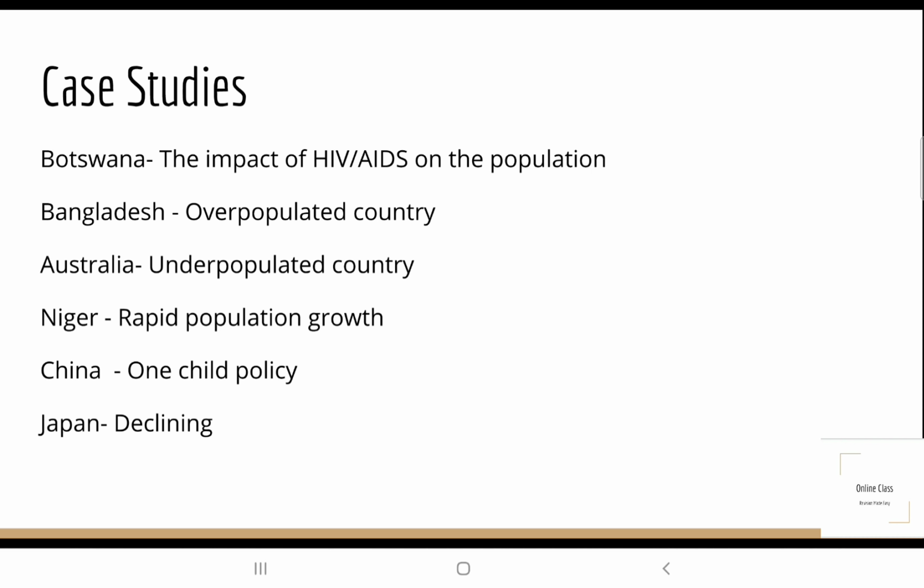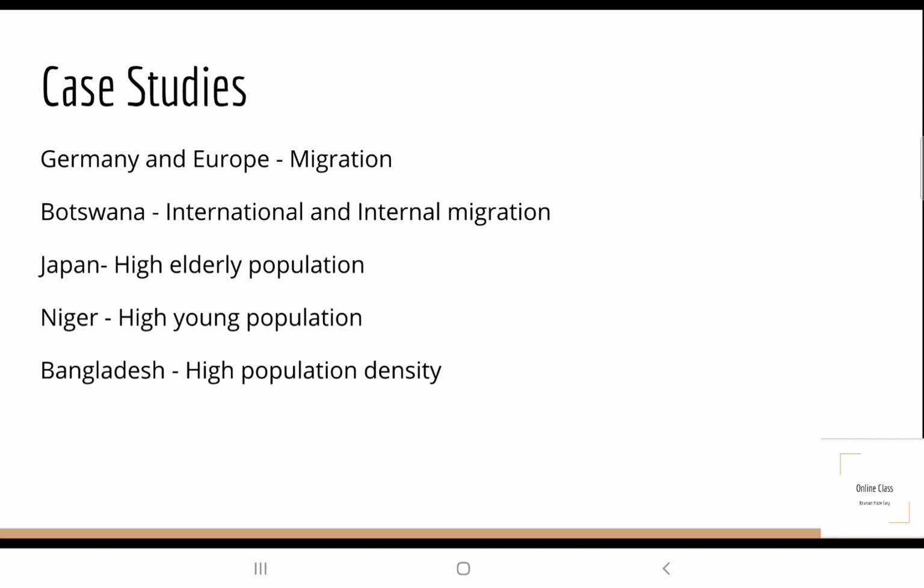Bangladesh is used as a case study for an overpopulated country. Australia as an underpopulated country. Niger as a rapid population growth area. China is used as a case study for having a one-child policy, and Japan is a case study for declining population. There is also Germany and Europe, which are used for case studies for migration.